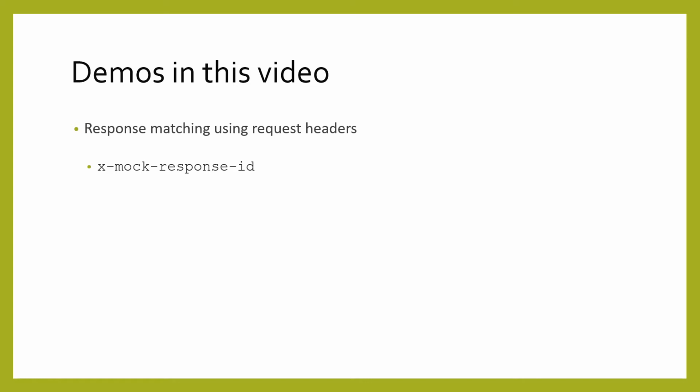Whatever id you pass in this header while sending the request to the mock server, the mock server will check the value present in the header, search the available examples, and return the response for which the header id value matches.